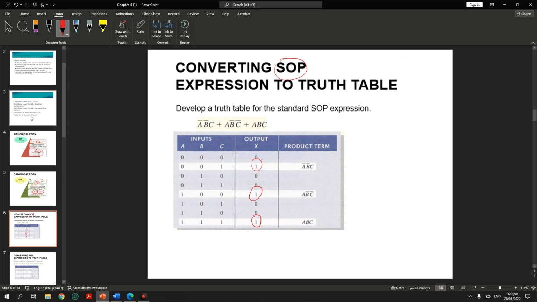So how did we arrive at this kind of truth table?